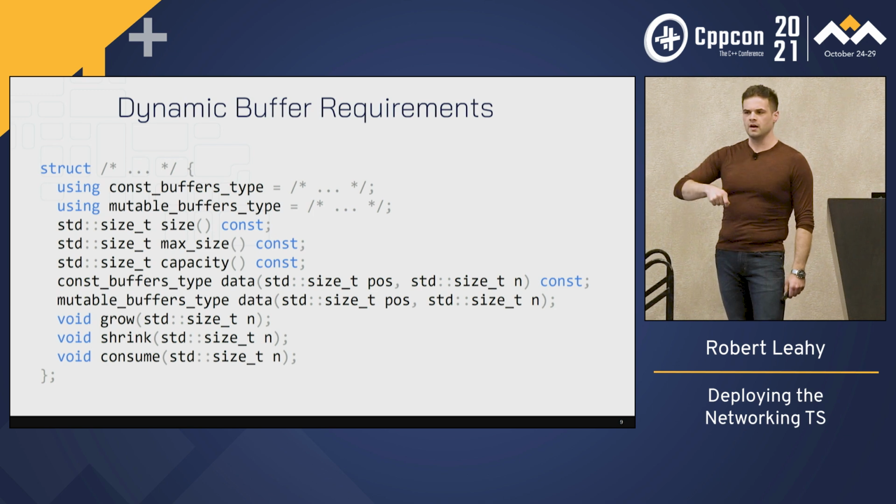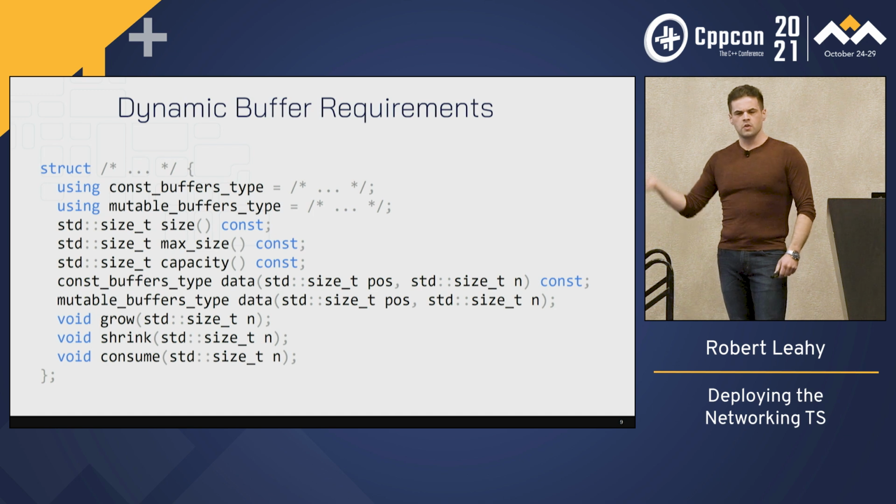But once we've read the header, our read operation is started, the storage has already been injected, and now there's no more customization point if we were just using a mutable buffer sequence. And so we need something that's akin to a const or mutable buffer sequence, except it's not just a handle to some view of bytes, but is rather a handle to a view of bytes and an allocation strategy, some way of resizing that buffer.